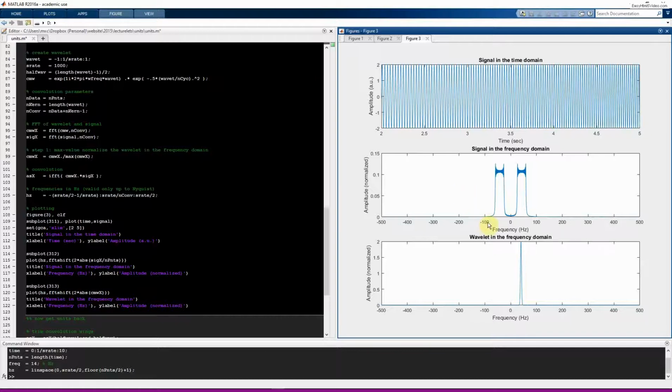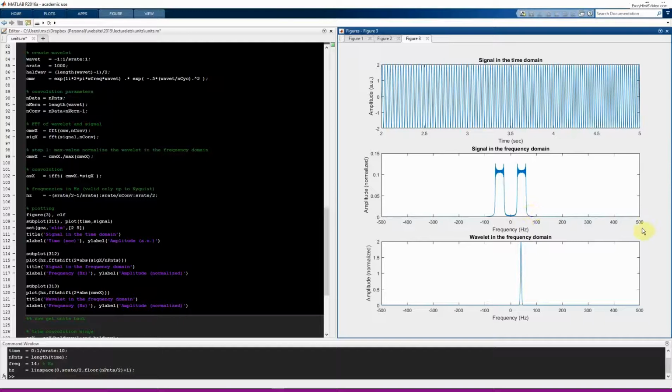That's because we have the negative frequencies over here to the left, and then DC is in the middle, and then the positive frequencies over to the right. Most people in neuroscience typically do not represent our data this way, because it's typically not very informative or intuitive, I think.